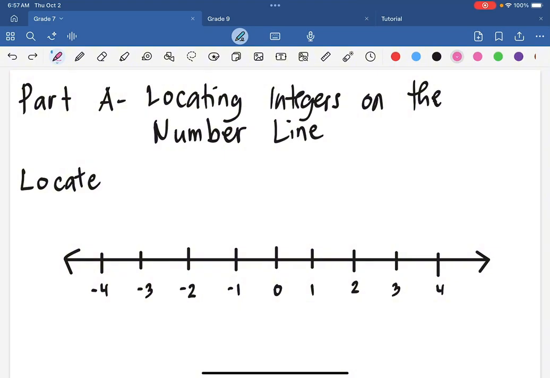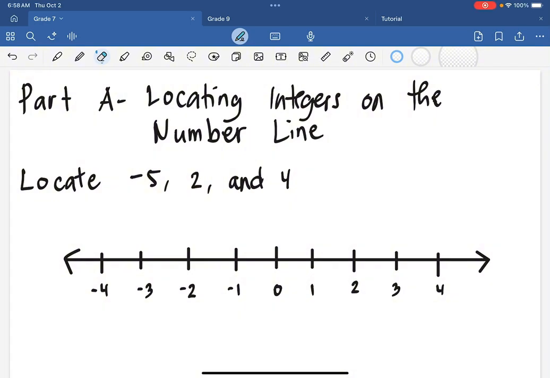Next is to locate negative 5, 2, and 4. Based on the given numbers, we have 1 negative and 2 positive numbers. Since in our number line here, we just stopped at negative 4 on the left side of 0, we're going to extend.